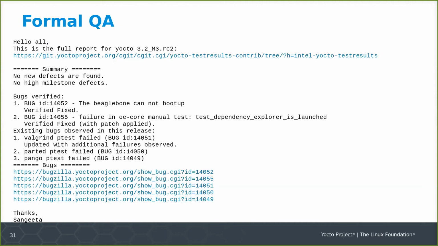And this is an example of the one for RC2. It tells you the link that they use to upload things to. They verified a few bugs, as you can see, and they had to open up new ones for new regressions. And this is a mail, I believe, that went out earlier last week.